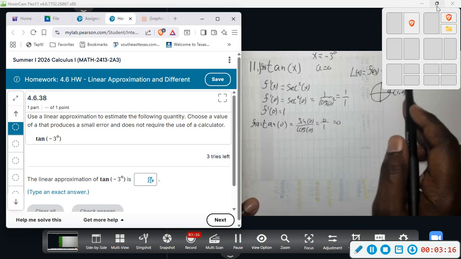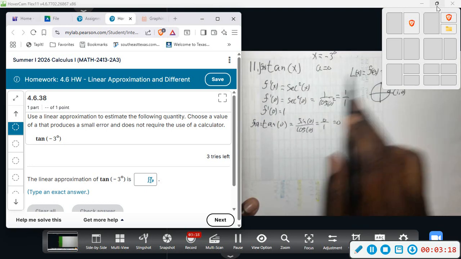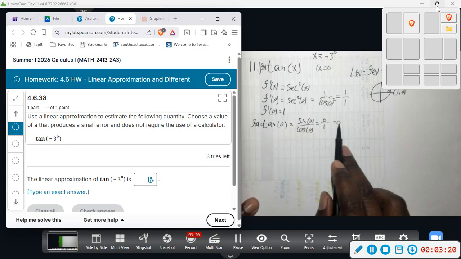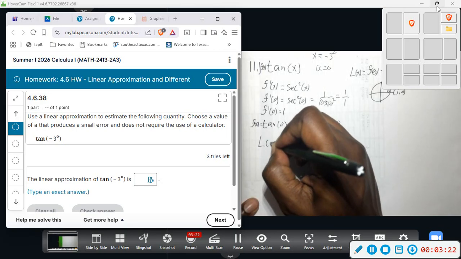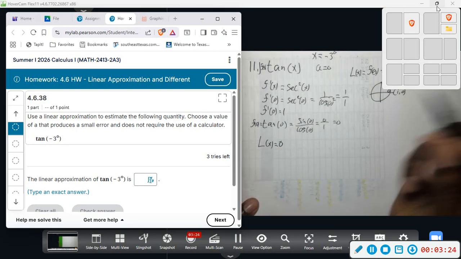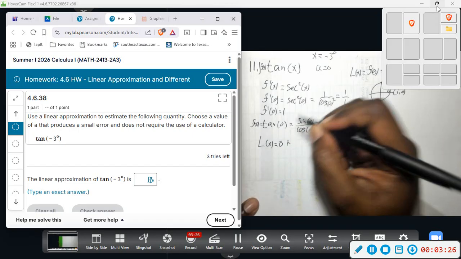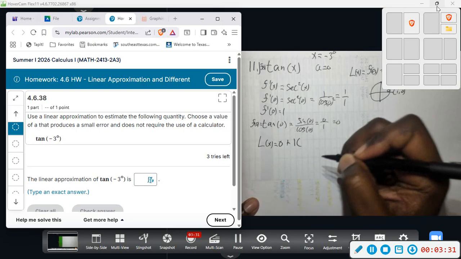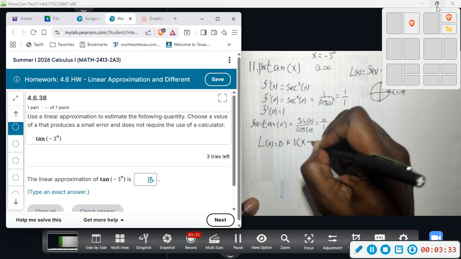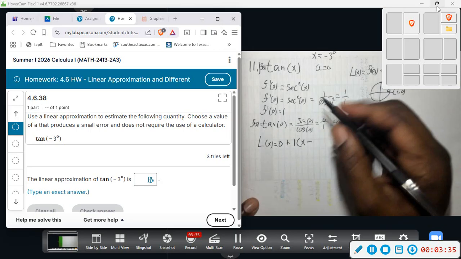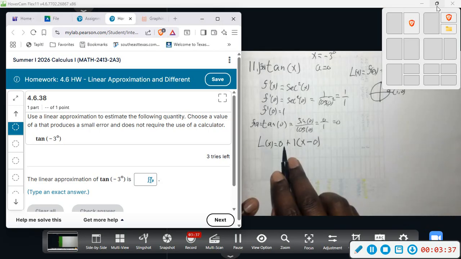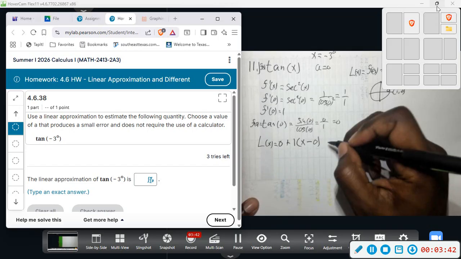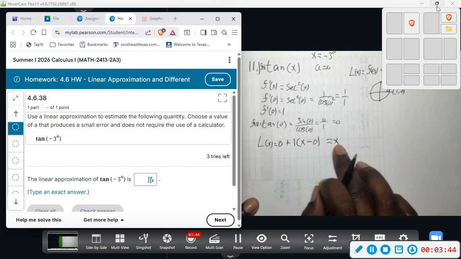I can now plug them into the linear approximation. So f of a here is just 0, plus the slope, 1, times x minus a value of 0. So 1 times this will just give me x, plus 0 is just x. So my linear approximation is just x.